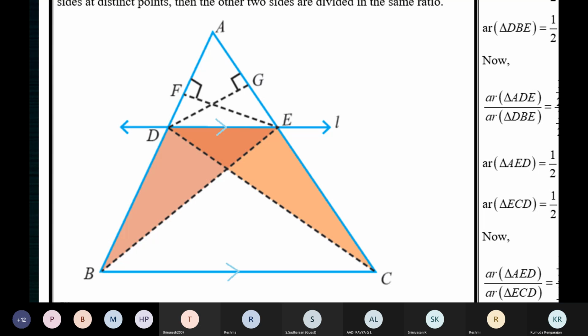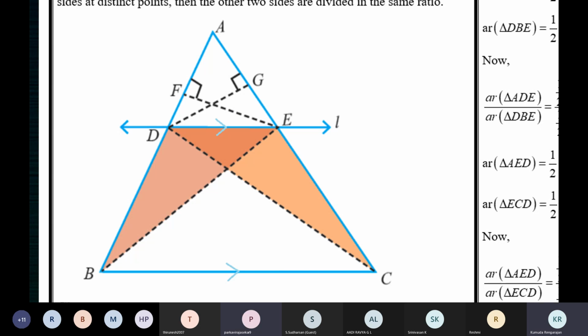Join CD and join EB, ma'am. Next, draw EF perpendicular to AB and draw DG perpendicular to AC.